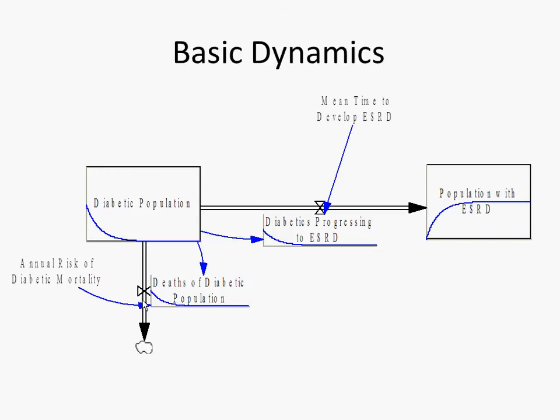So I'll flip it around. If we had a higher risk of dying per unit time or a lower risk of dying per unit time, would that affect the time, the average time with which someone develops end-stage renal disease? Okay, so some conflicting feelings on this? Suppose this rate of death were extremely high.